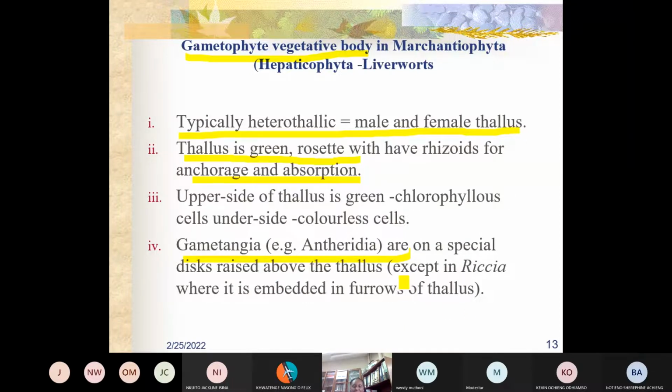But in Riccia, which is a very primitive species, it has the male and female embedded in the thallus. If you look at Marchantia, it has structures that are upright from the thallus. They are above the thallus on some stem.